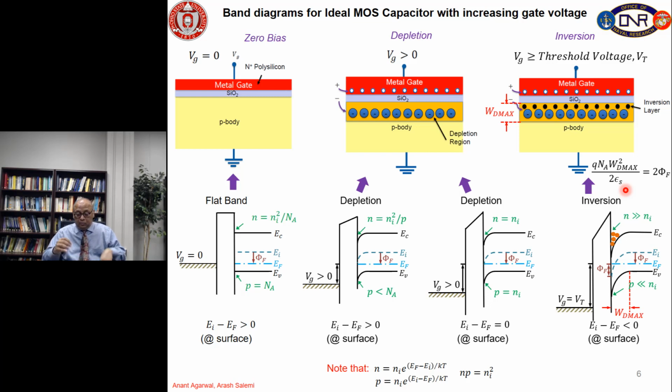So, by essentially applying a very high gate voltage, higher than the threshold voltage, we can achieve an inversion layer, which is a free electron layer, a very thin layer of free electrons at the surface of the semiconductor, and this layer is called the inversion layer.